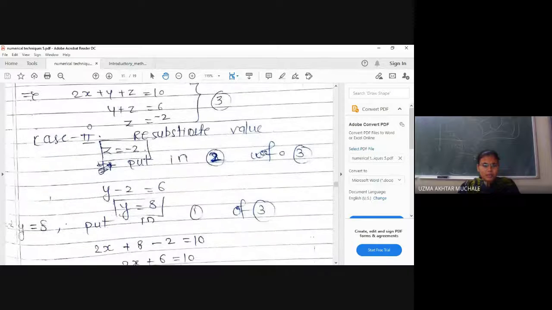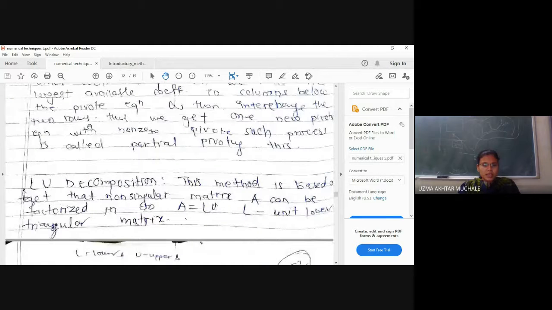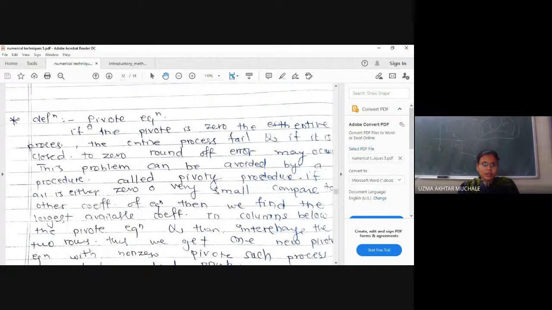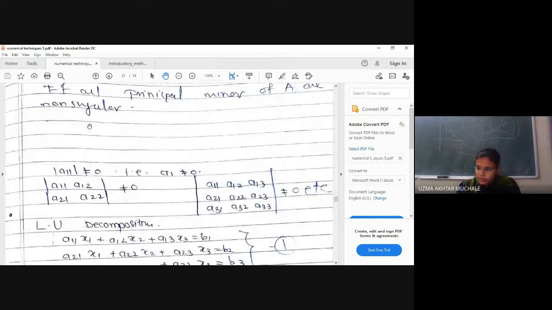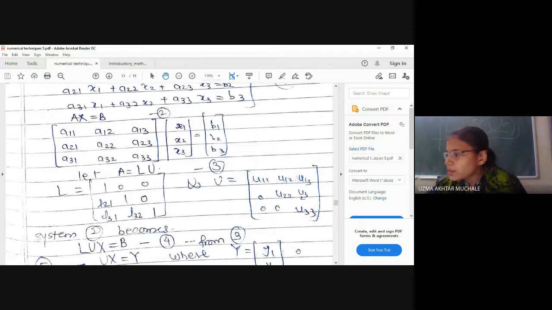It is very easy. Simply multiply the terms and you can get the values. This is a very easy way to find the solutions of a system of linear equations. So in the next lecture, we will see the LU decomposition method. If time permits, we'll take it here only.